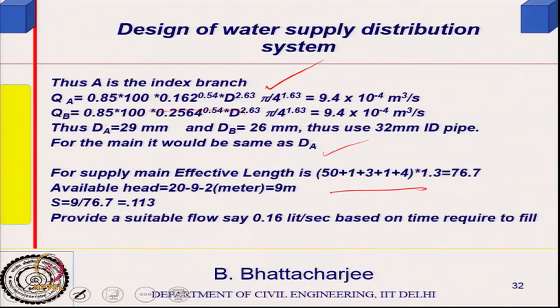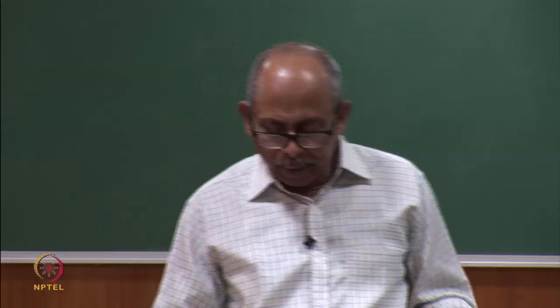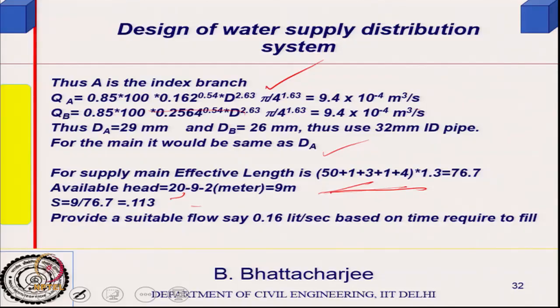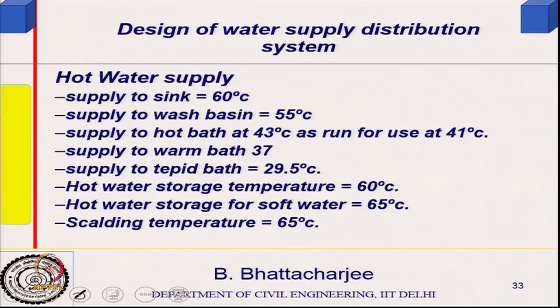So, that is how you can calculate out, and for the branch on the main supply, available head is given as 9 meters, because 20 meter was the head from the pump at a distance of 9 meter etc. So, for this one you do it separately and find out separate pipe sizes. So, that is the supply, that is the idea.